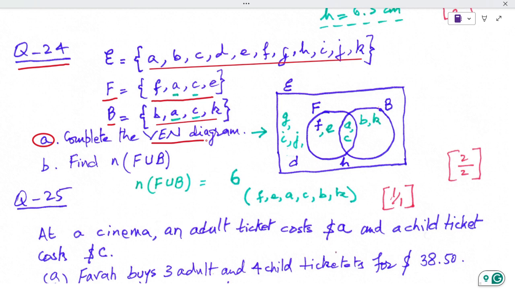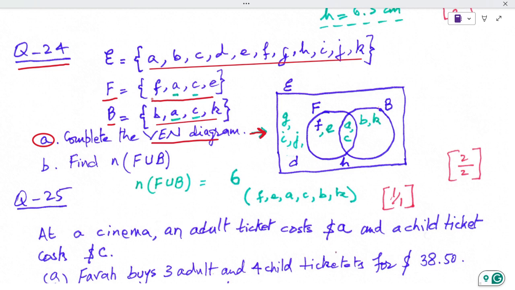In this type of question, he has also given that in the universal set he has written D, H, and in F he has only written a small f, and you have to complete it.